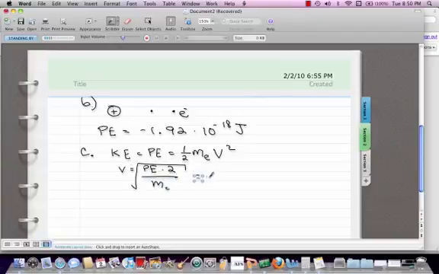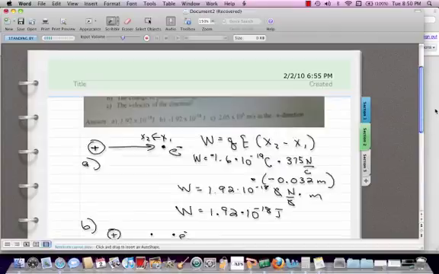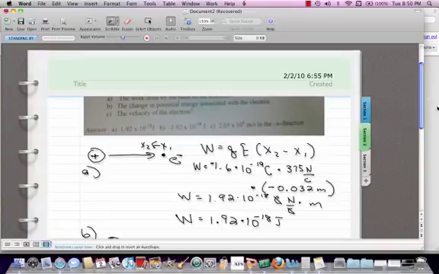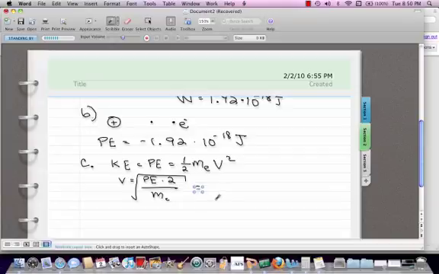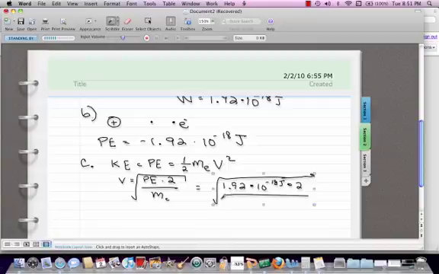When I plug these numbers in, I get an answer of 2.05 times 10 to the 6th. That's because this is 1.92 times 10 to the minus 18 joules times 2, divided by the mass of my electron.